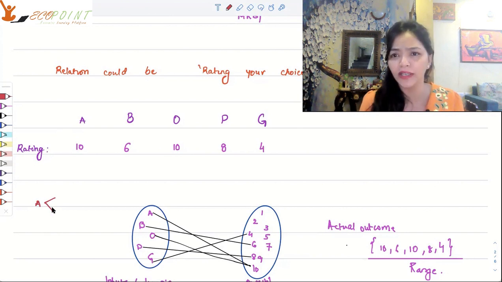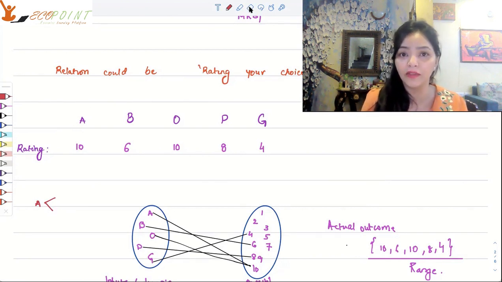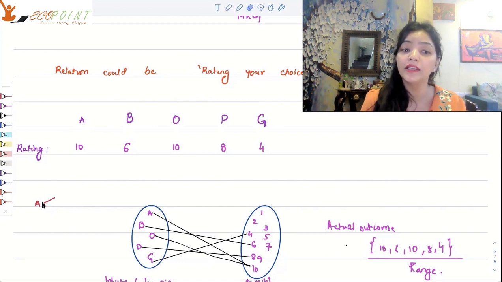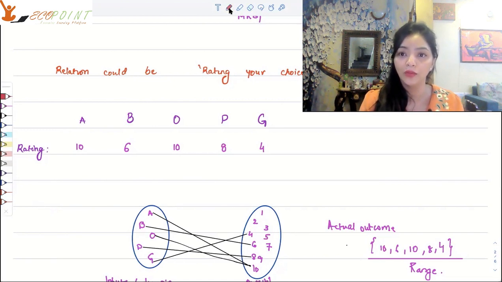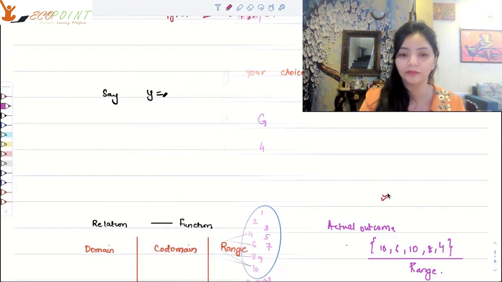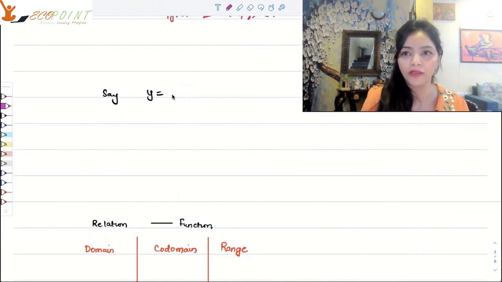It's not sensible, right? When I'm rating, I'm saying apple is a 10 for me. Why would I say apple is a 5 for me? It's a unique value that I'm giving to apple. Similarly, it's a unique value I'm giving to orange. So indeed, this relation is a function. The previous one, mother of, is not. Say y is equal to x squared.